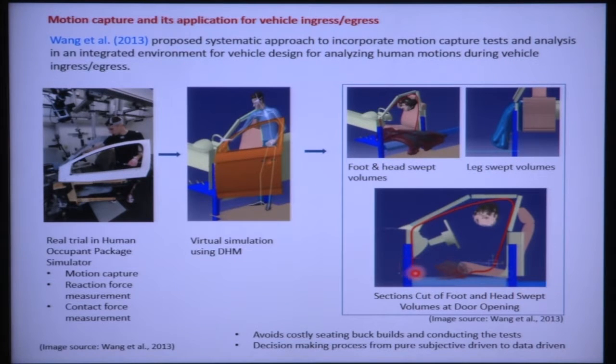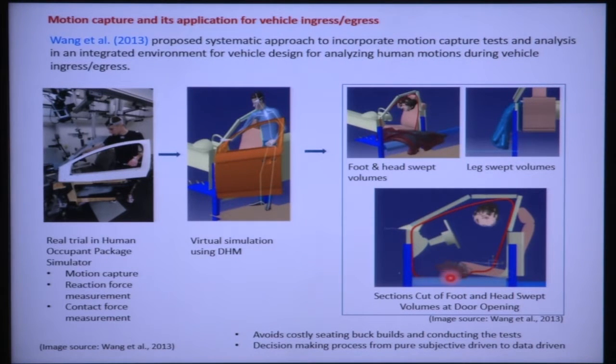Then this is the section cut of foot and head swept volume at the door opening. This is the swept volume for foot and this is the swept volume for head. Following the swept volume, this cut section can be defined. So, how much space is actually required so that the driver can go in and come out of the vehicle easily, without collision at any part of the door opening.